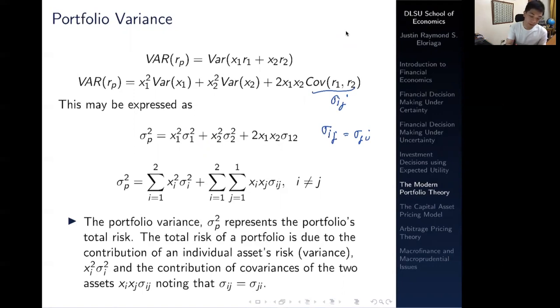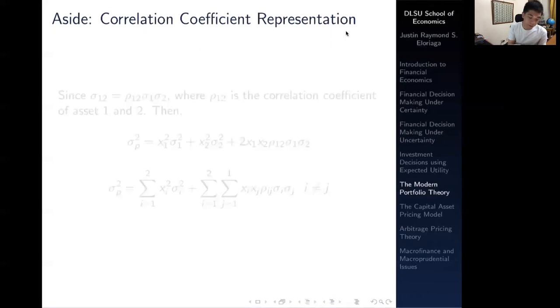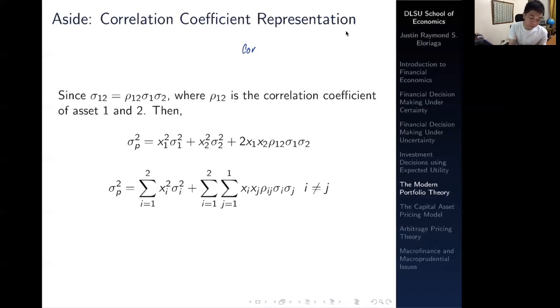And of course, we do have this concept of the correlation coefficient. So if you recall, the covariance can be represented in this way earlier, right? Sigma ij. Well, if you recall the formula, say you have two variables x and y, the formula for a standard Pearson correlation coefficient, rho xy, is just equal to the covariance divided by the standard deviation of each asset, right?